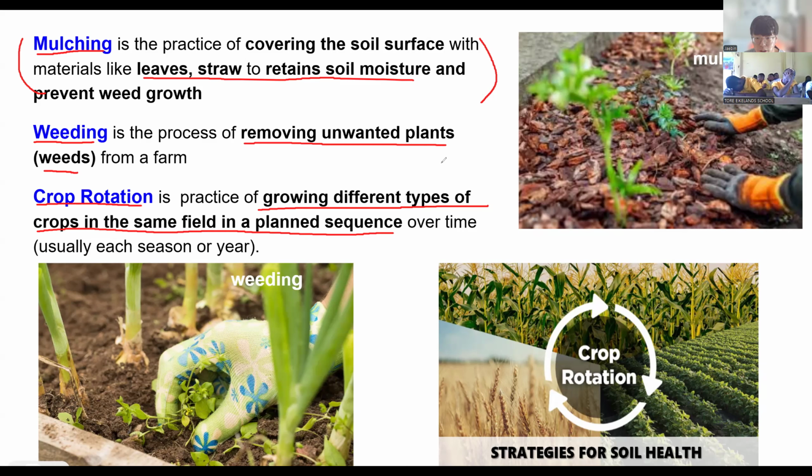So you plant different types of crops in different seasons, and that is a good strategy, because different types of plants grow best in different seasons.